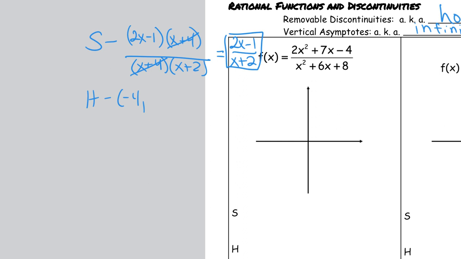You plug it into the -4, the thing we canceled out. +9/2.